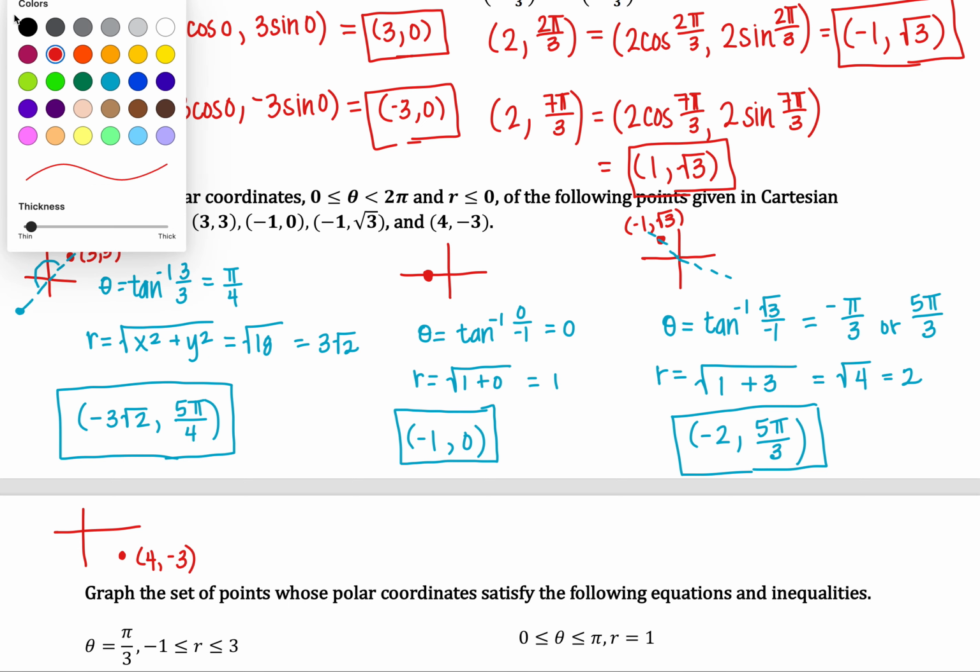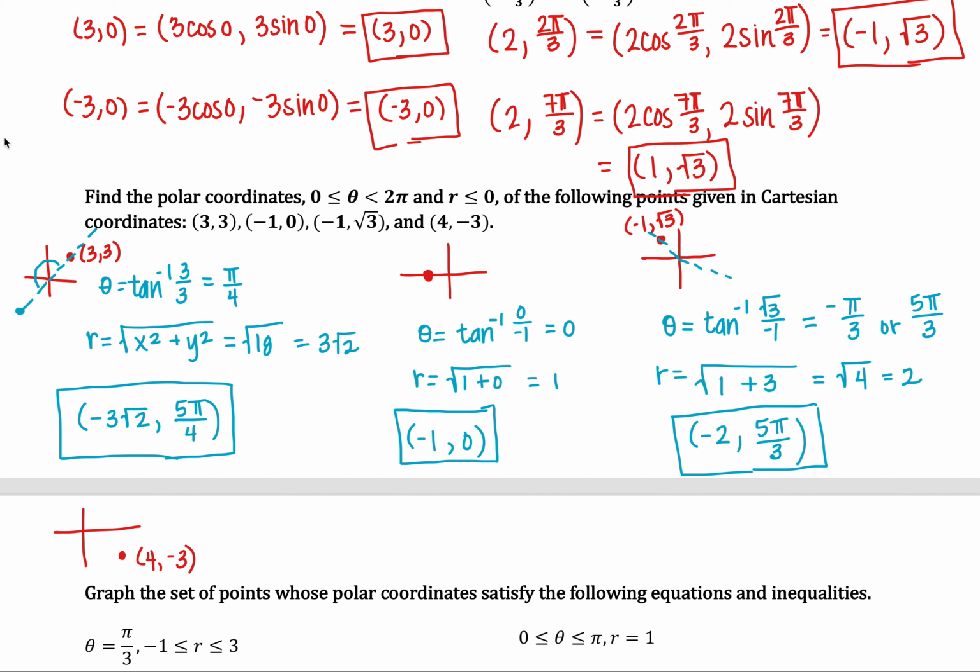And just like with the others, we want to find theta and then r. So in this case, theta is inverse tangent of -3/4. And this does not work out like the other ones do. This does not work out to anything nice. So I'm going to just leave it as it is.